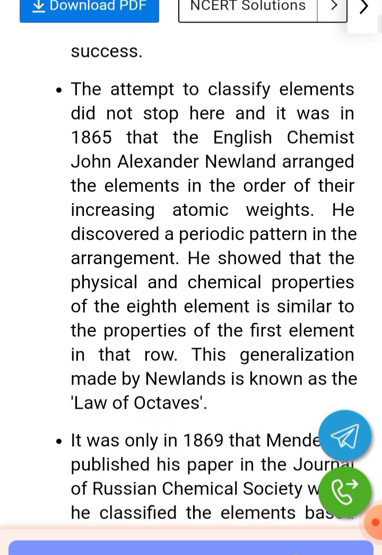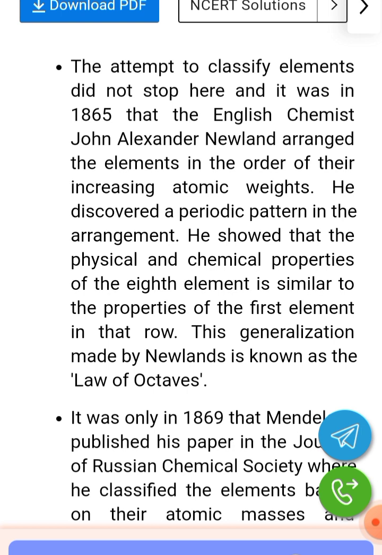Then you see I have another one here. The attempt to classify elements did not stop here. It was in 1865, a few years after that, that the English chemist John Alexander Newlands arranged elements in order of their increasing atomic weight. There's no relationship yet between atomic number and atomic weight. He discovered a theoretical arrangement.